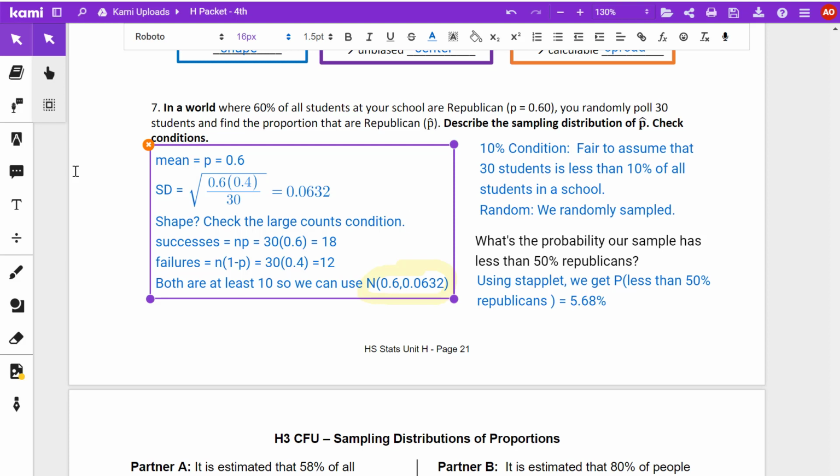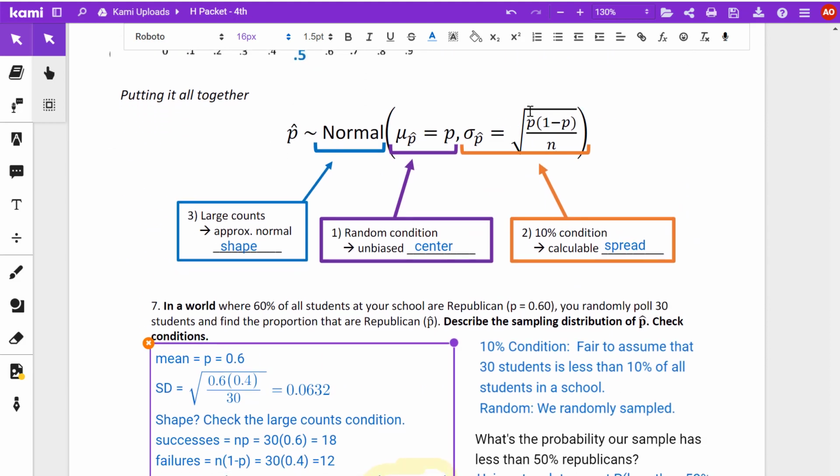Describe the sampling distribution for p hat. Remember, p hat is a symbol for the proportion in a sample. The mean should be the true proportion, so that's going to be 0.6. For your standard deviation, this formula came from this model. This page at the end of this activity has a nice formula and the mean, and we're going to use that also on the next piece.